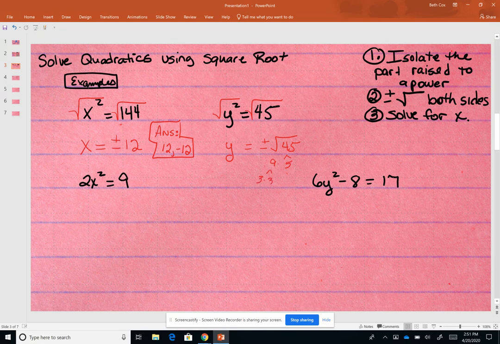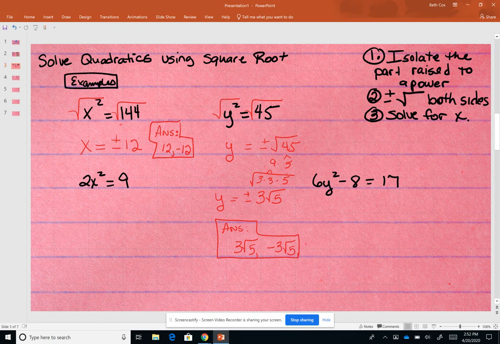I get 3 square roots of 5, positive 3 square roots of 5 and negative 3 square roots of 5. So my answers for this one are 3 square root of 5, comma, negative 3 square root of 5. So that's my answer for that one.